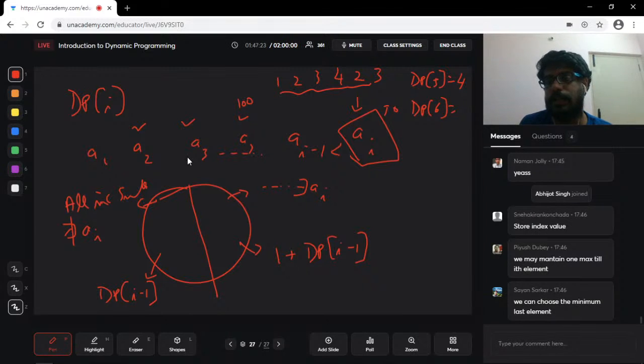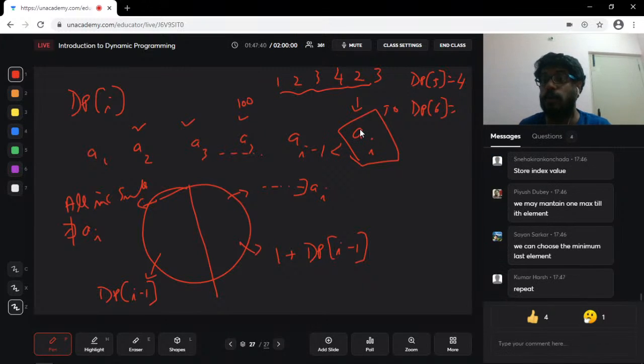So what we'll come to here is, I can't find the answer, right? Because I don't know what the increasing subsequence ended at. So now I'm at a kind of standstill. I don't know what to do, right?